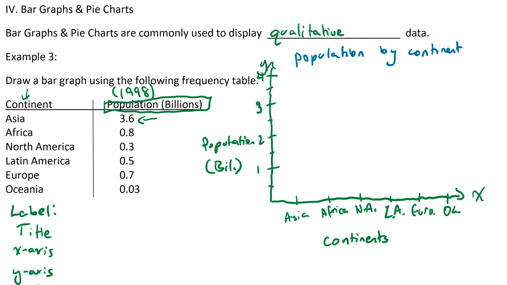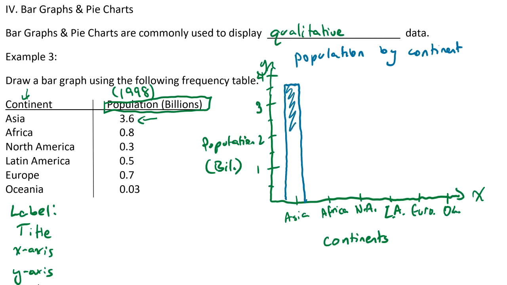So here's what I mean by that. For Asia, we want it at 3.6, so it's going to be just over 3.5. So our bar goes up just over 3.5, and there we go.